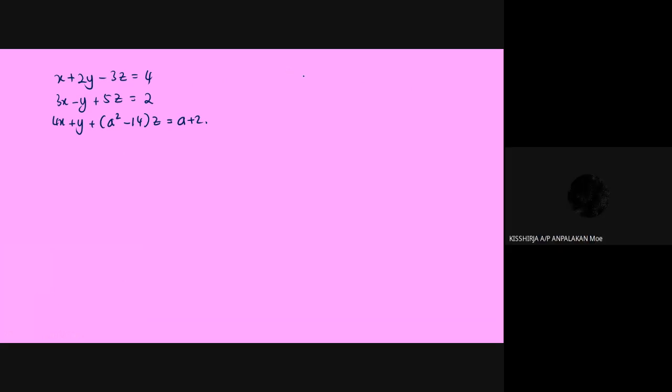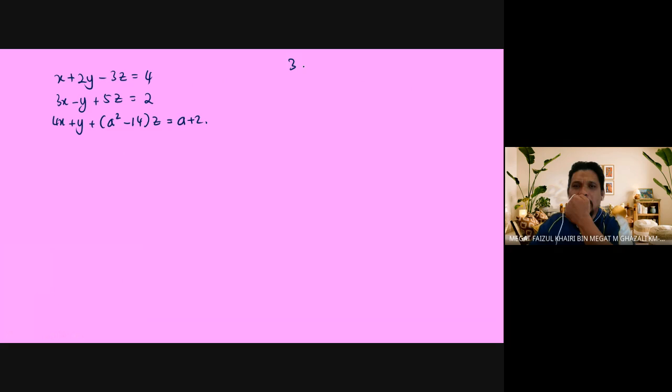When we have three equations with three variables, we are trying to make it smaller: from three equations with three variables, become two equations and two variables.